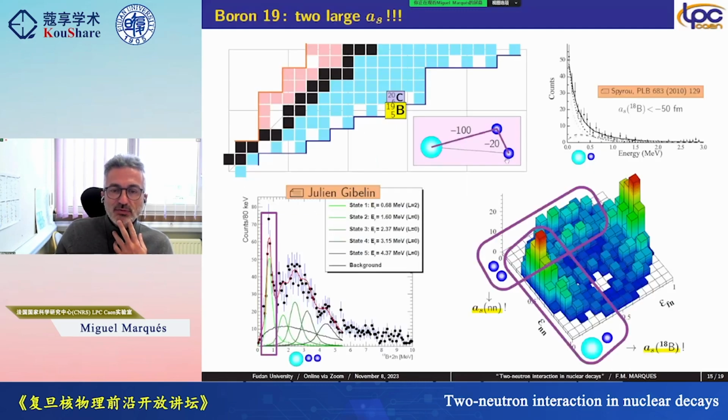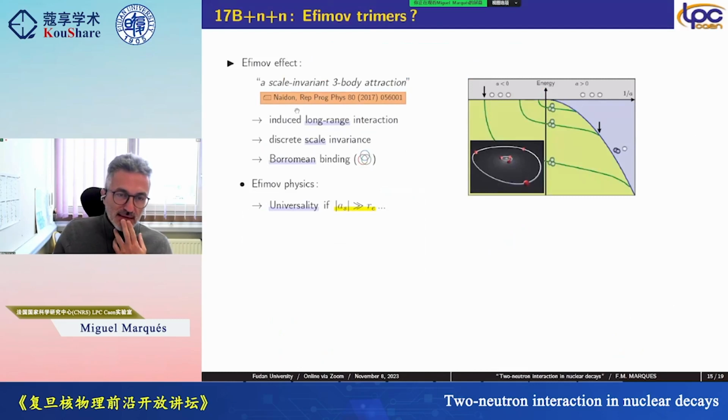We have S-wave, very strong attraction, and from these two-body forces, you have an induced long-range interaction, and the most spectacular characteristic of this Efimov effect is that there are a series of states with a discrete scale invariance.